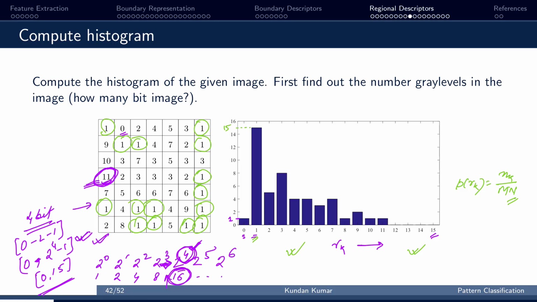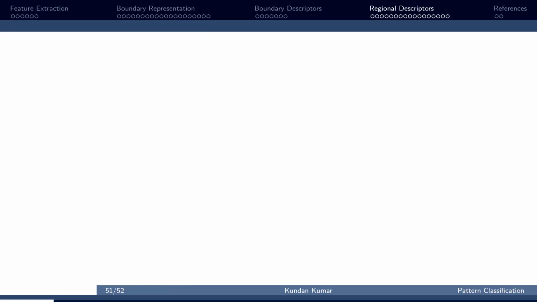Okay, so let us compute. The probability density function is p(r_k) equal to n_k divided by MN.